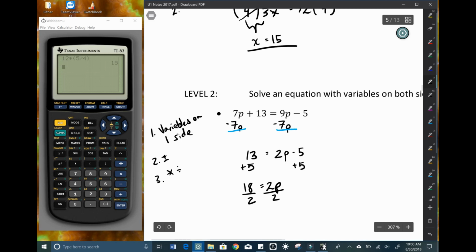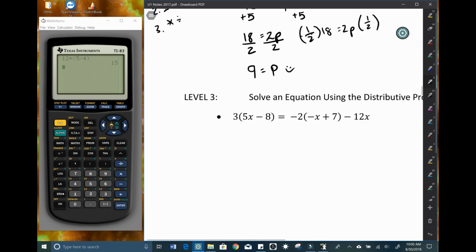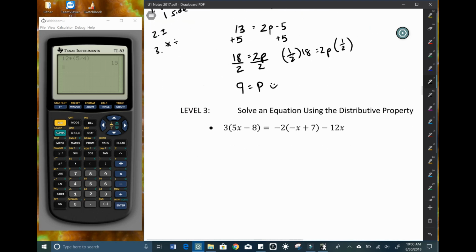Really, it's the same thing as multiplying each side by 1/2. Remember that dividing and multiplying by the reciprocal are the same thing. So now 9 is equal to p. Easy peasy stuff.